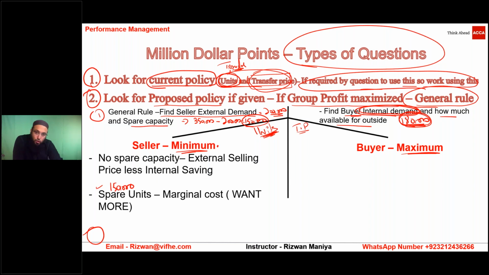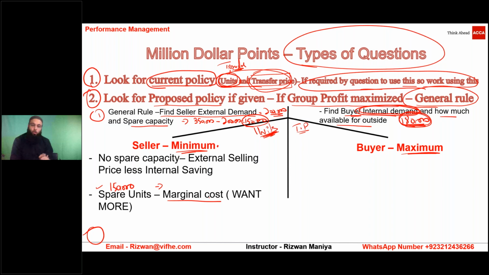If you have found out the spare units of the seller, remember the minimum transfer price will be marginal cost. Remember this only right now. Whatever rules I've made are based on general rules. Just keep this in your mind. That's enough for you now.